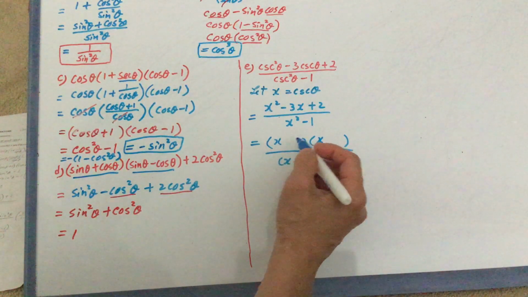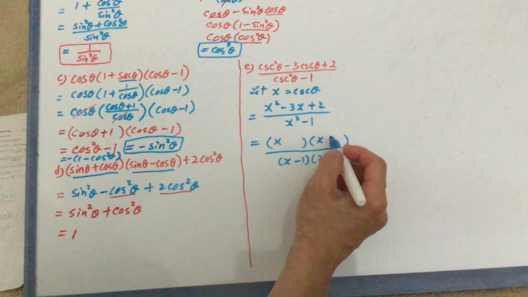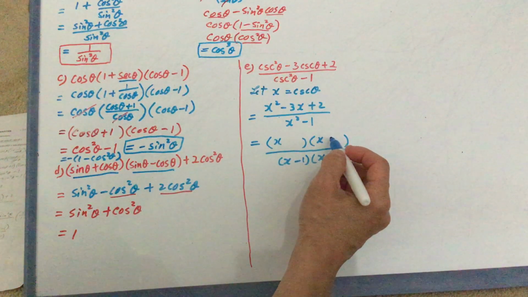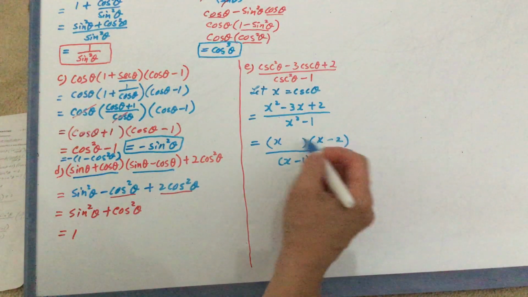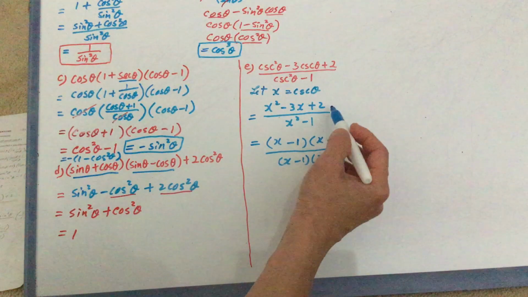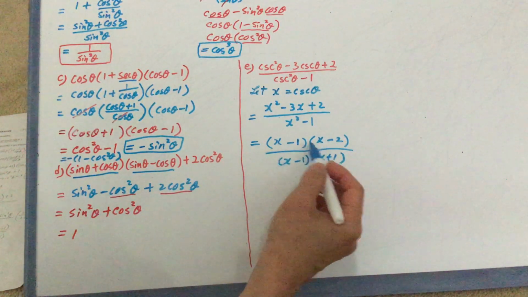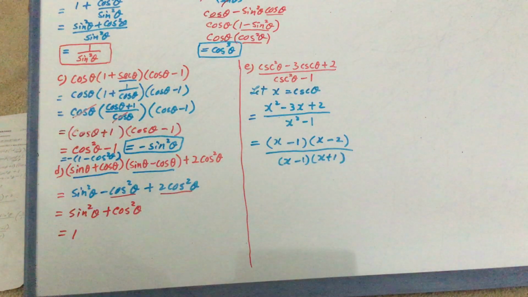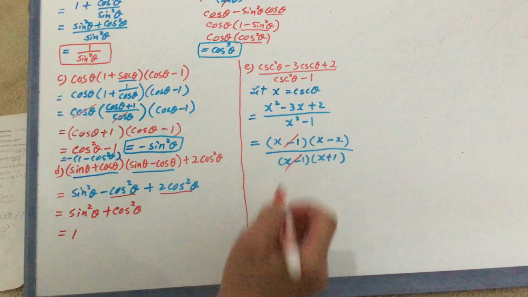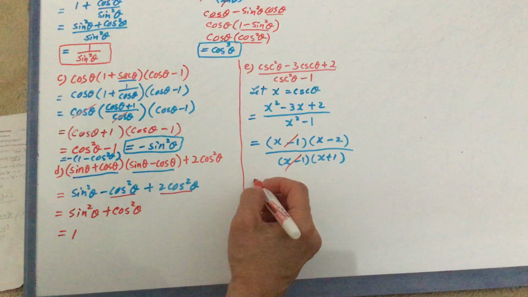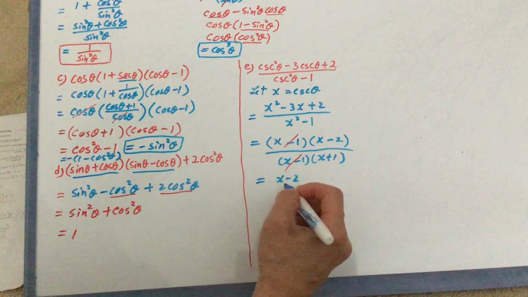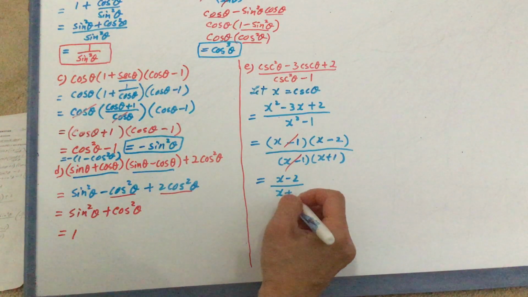This is going to be minus 2 and minus 1. Okay, minus 1, minus 2 give you a positive 2. Minus 2 and minus 1 give you a minus 3x. So from here, you can certainly reduce that. What is left is just x minus 2 over x plus 1.